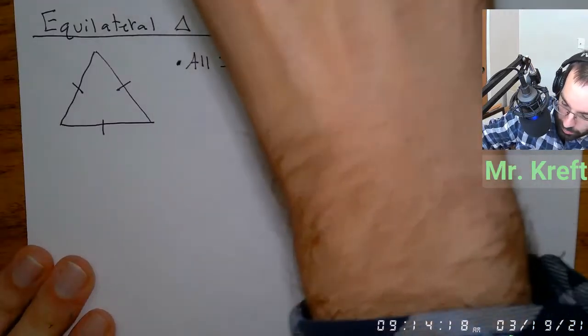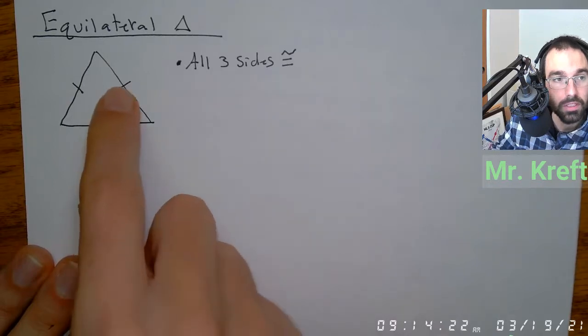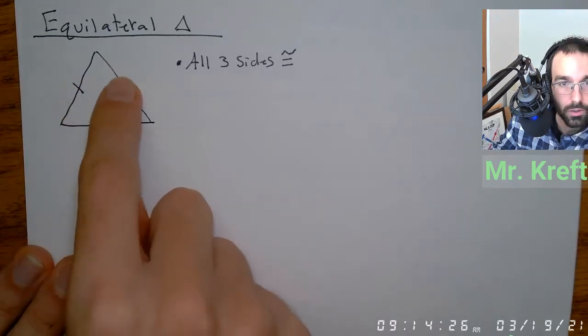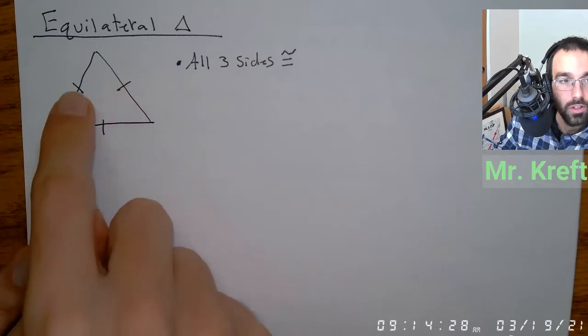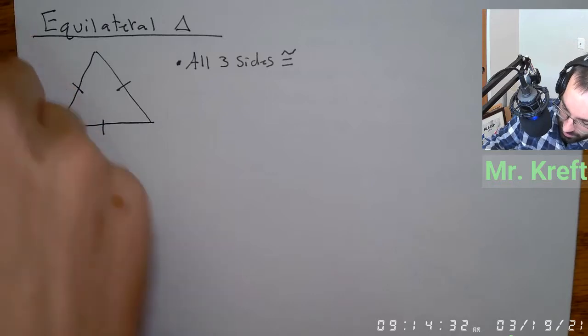Most importantly, remember with isosceles triangles, there's that relationship between congruent sides and congruent angles. So if all the sides are congruent, then all of the angles across from the congruent sides are the same as well.